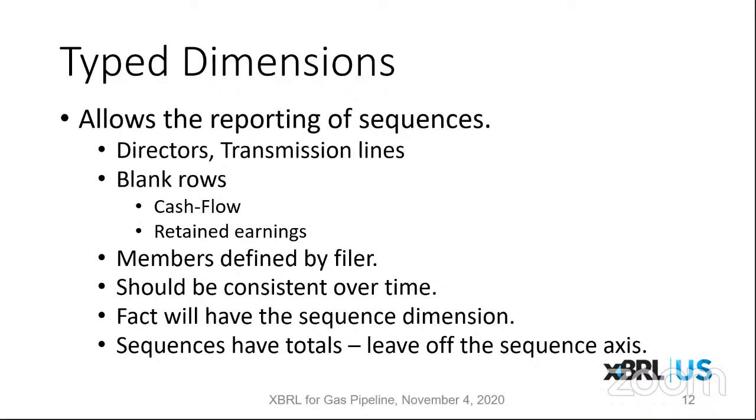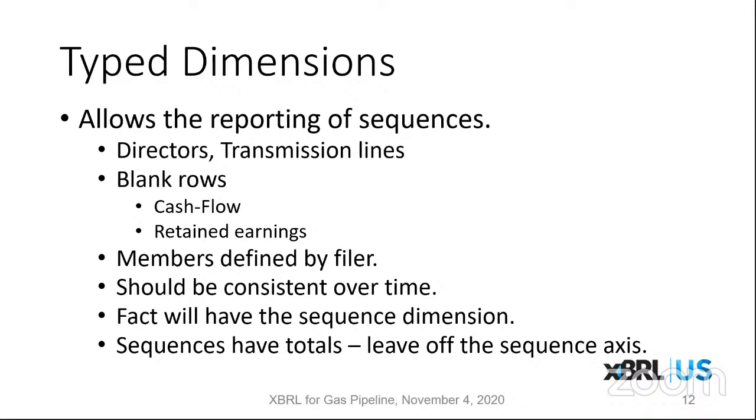Footnotes are still available, you can still use them, but this just gives you the ability to put all those items into the schedule. In the cash flows, I think there are 7 locations where you can do that. In the retained earnings, from memory, there are 4 or 5. In the retained earnings, it's the same thing: the movements, the credits and the debits.